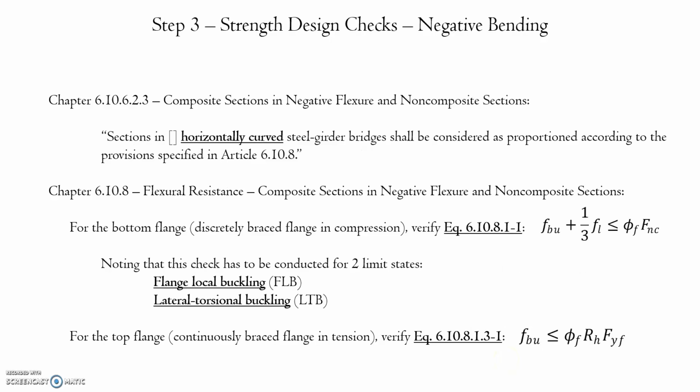For negative bending, we are looking at chapter 6.10.8. We have this classic equation, which we need to conduct both for FLB, flange local buckling, and LTB, lateral torsional buckling. There is also an additional check on the top flange, which is in tension for negative bending.